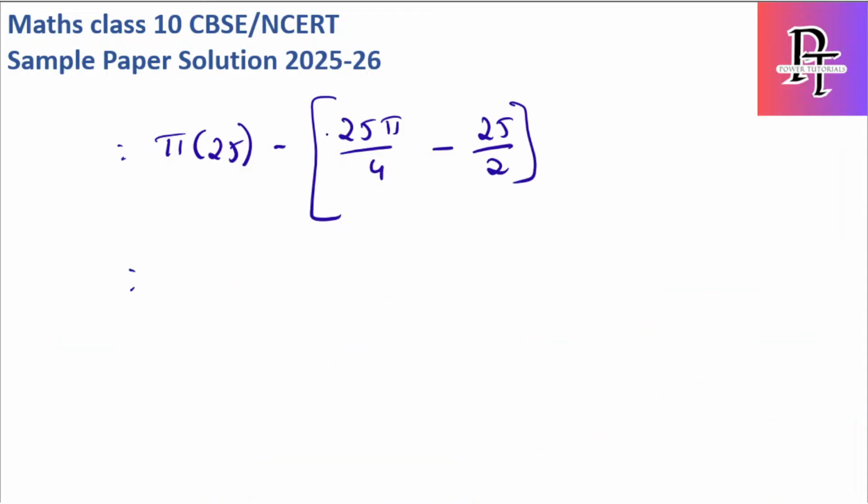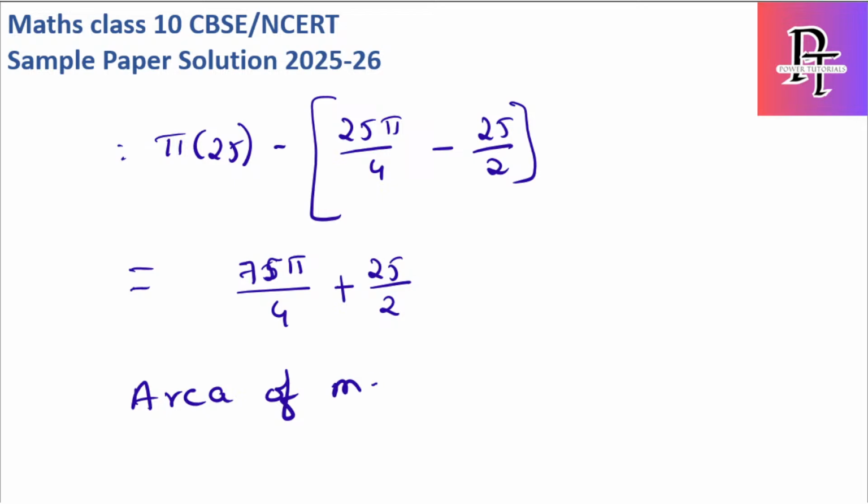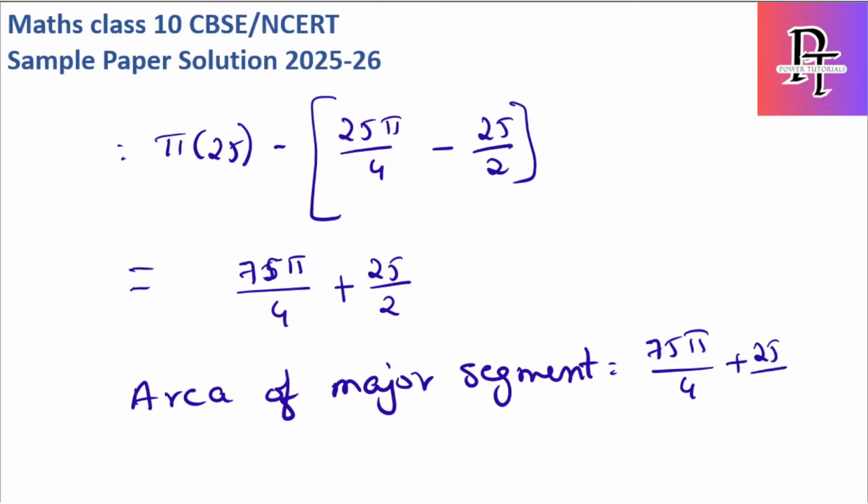So simply 25 pi minus 25 pi by 4 will become 75 pi by 4, because it is 100 minus 25. Okay, minus of minus, so it is plus 25 by 2. Okay, so this is the final answer for the area of the major segment, which is equal to 75 pi by 4 plus 25 by 2.